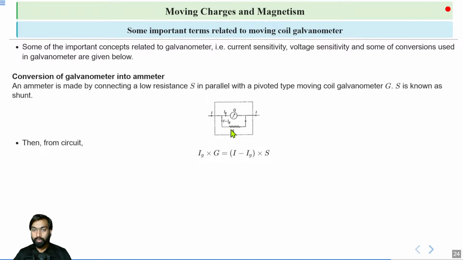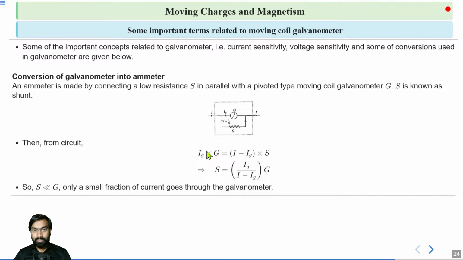So using Ohm's law, voltage across G is Ig into G, and voltage across S is I minus Ig into S. Because these voltages are equal, Ig into G equals I minus Ig into S. Rearranging to find S, S is equal to Ig divided by I minus Ig, into G. This formula tells us how to choose the shunt resistance S based on the galvanometer resistance G, the galvanometer current Ig, and the total current I we want to measure.